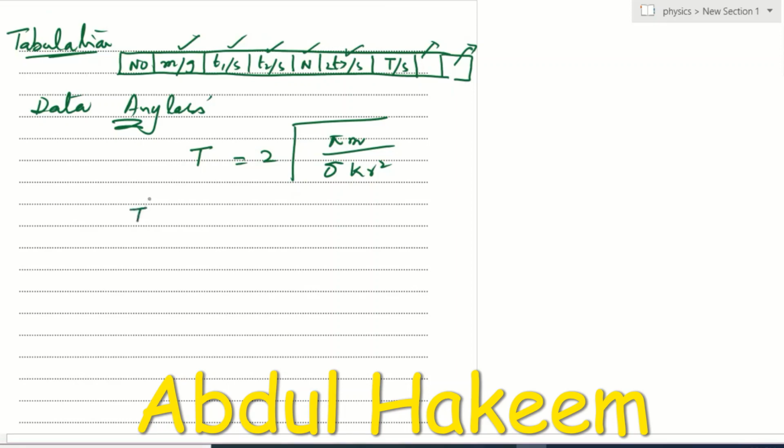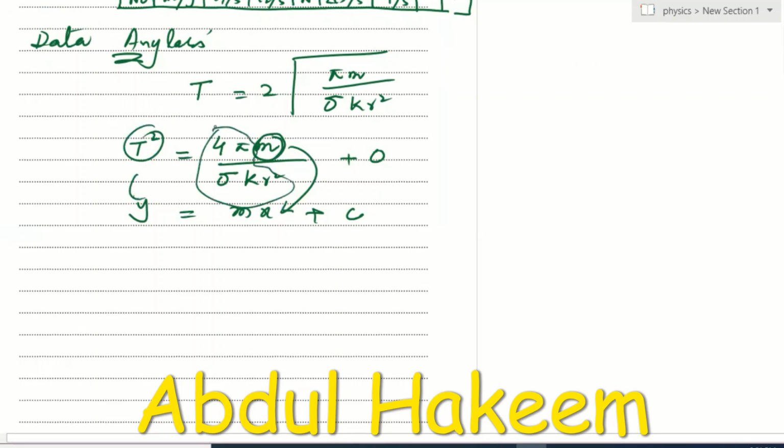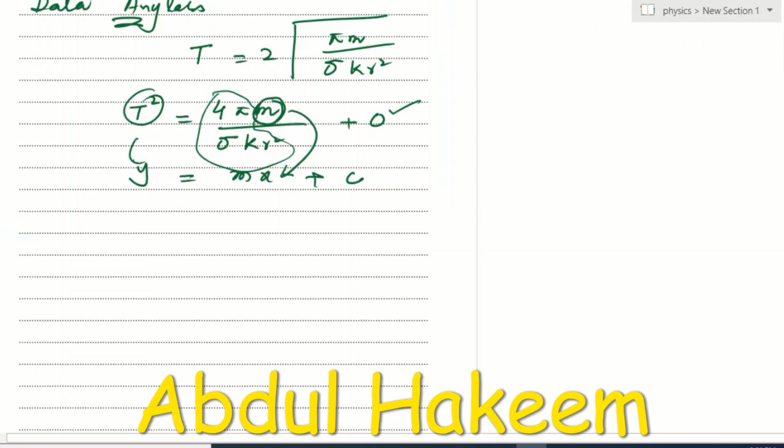For example, T square, taking square both sides, it becomes 4 pi m over sigma k r square plus 0, because the straight line is y equals mx plus c. So this is compared with mx plus c. So this m is independent, which will be plotted at the x-axis, T square at the y-axis. Then this will be the gradient and the y-intercept will be 0.